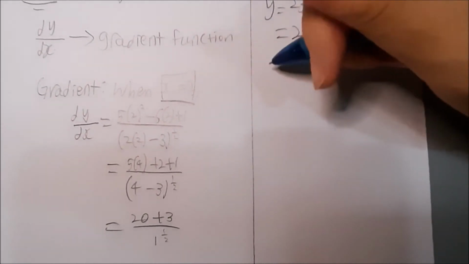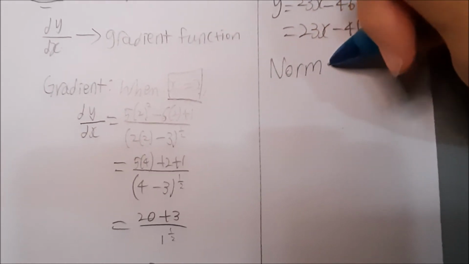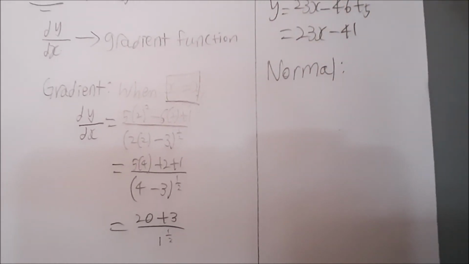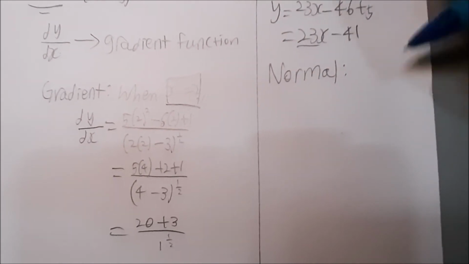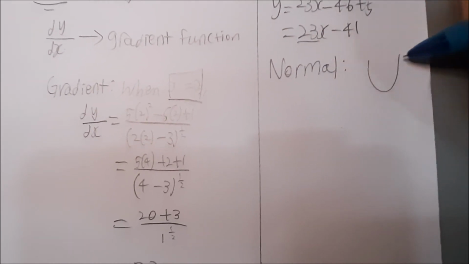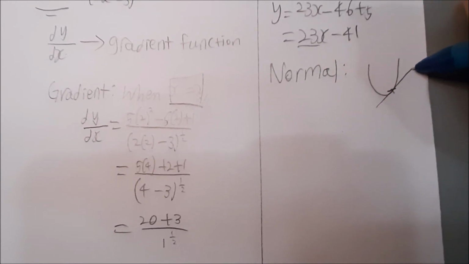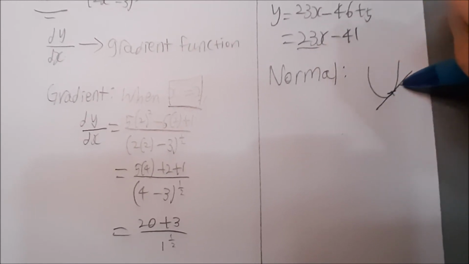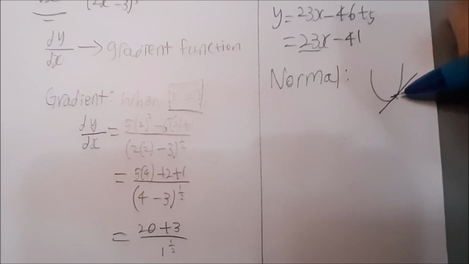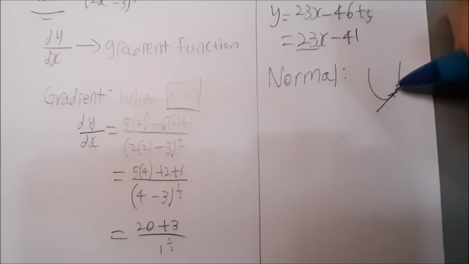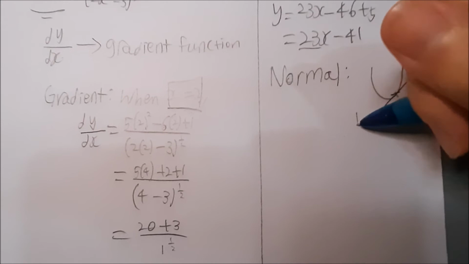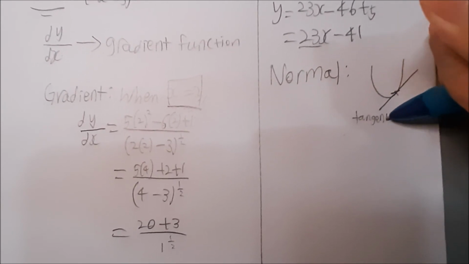And now from here you have to get the equation of the normal of the graph. The normal is when, let's say there's a graph here like that, and if there's a point here, the straight line which touches only one point of the curve is called the tangent.